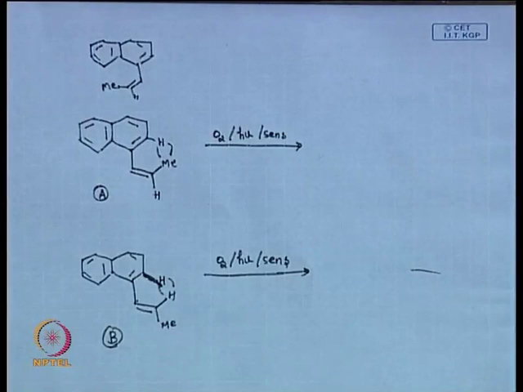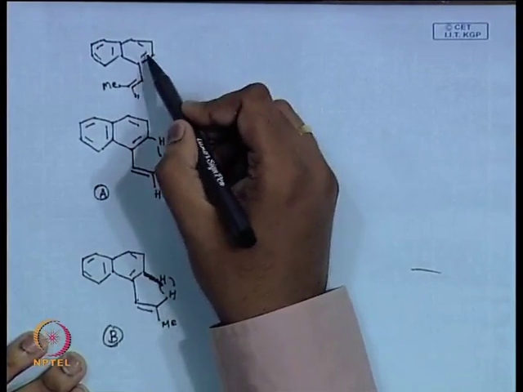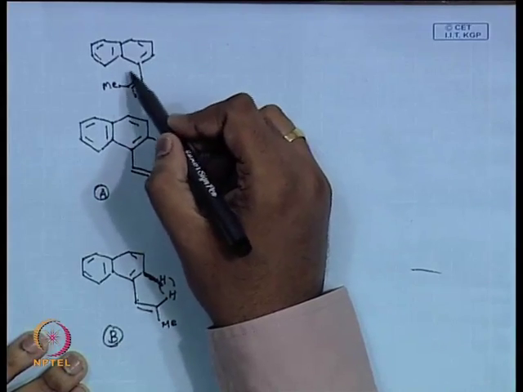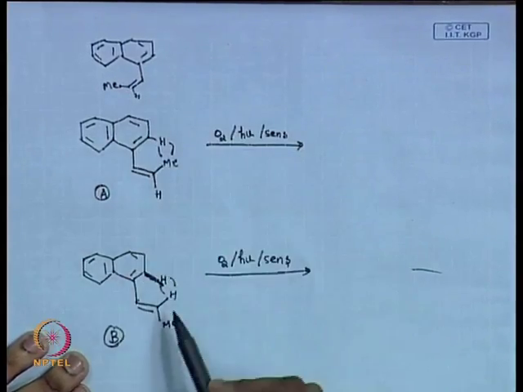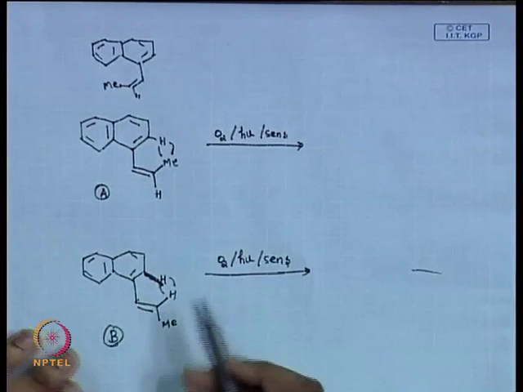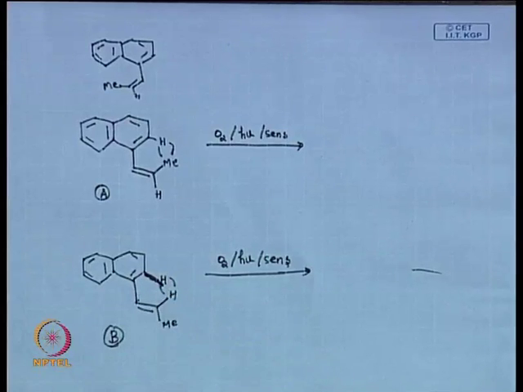In this case it does not happen. Now, this is not feasible for a 4+2, it can do only the ene reaction. In the other case, you can think about a nice 4+2 cycloaddition, because it will be on that side, so oxygen can come and bind and give you a nice 4+2 cycloaddition.